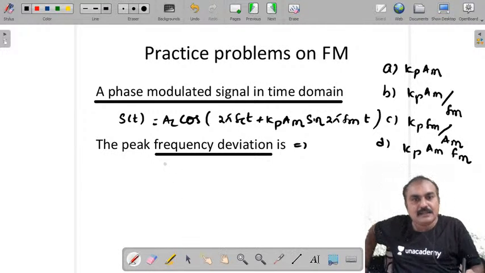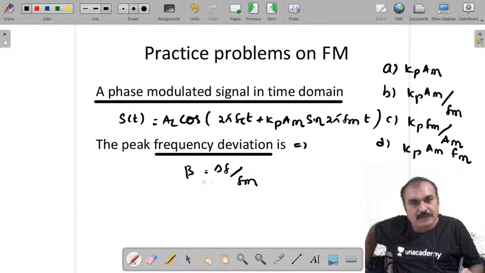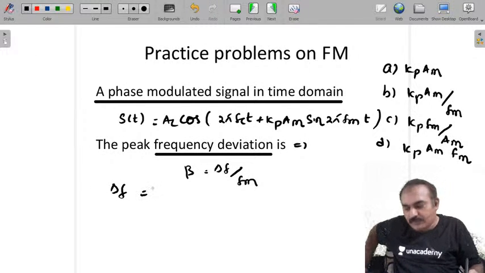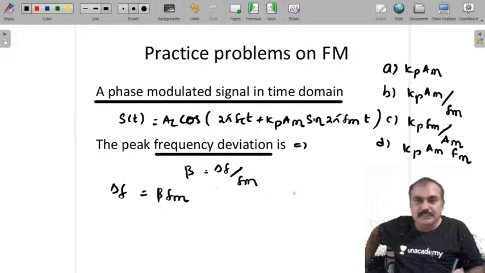As you know, beta equals delta f by fm, so delta f equals beta into fm.